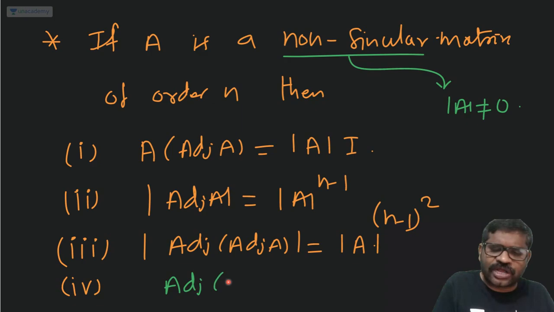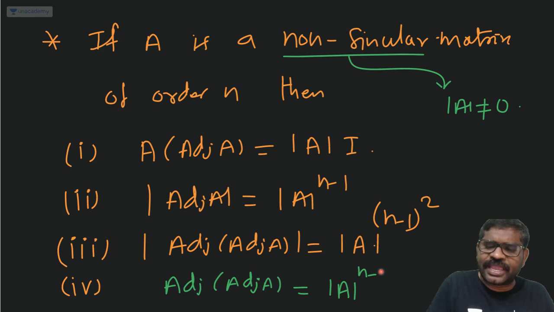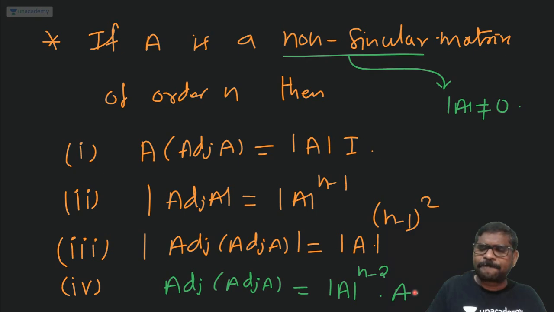Adjoint of adjoint A equal to det A whole power n minus 2 into A. Observe third and fourth, both are different.